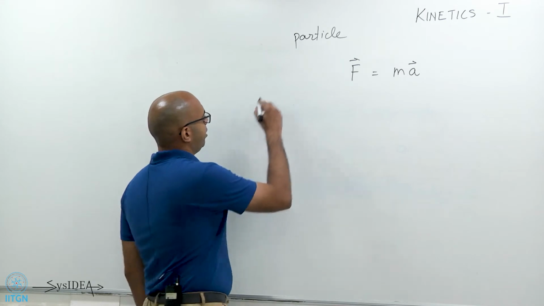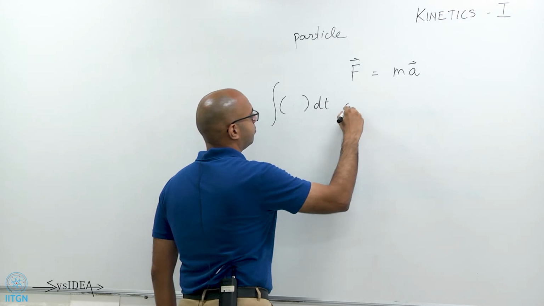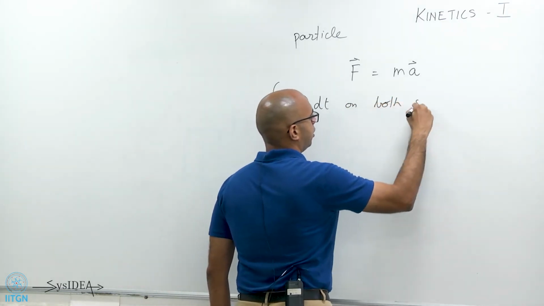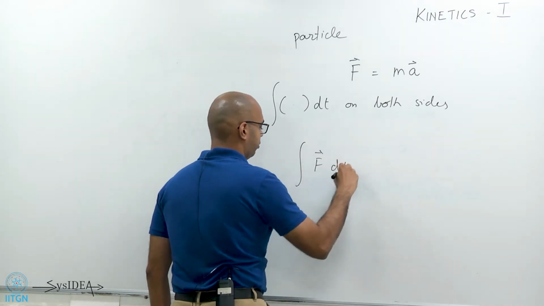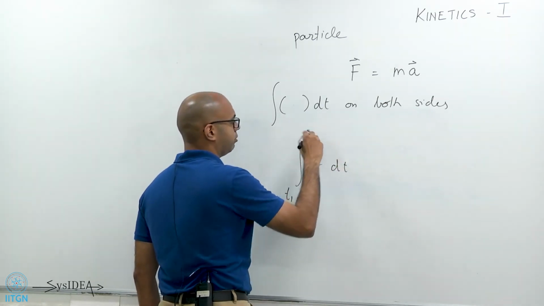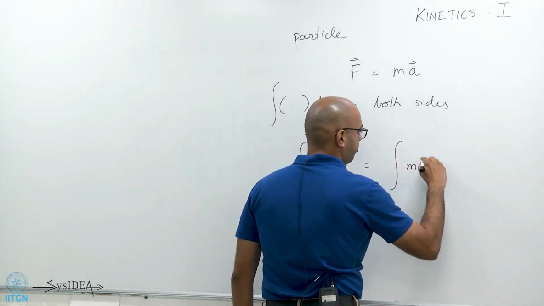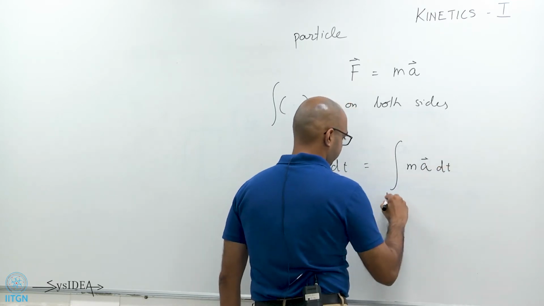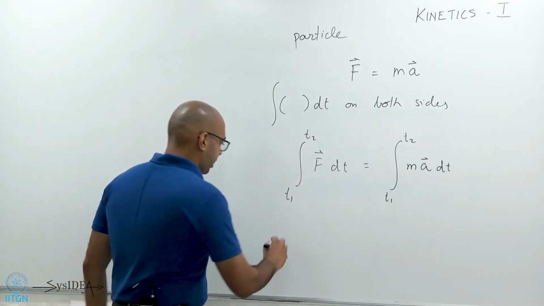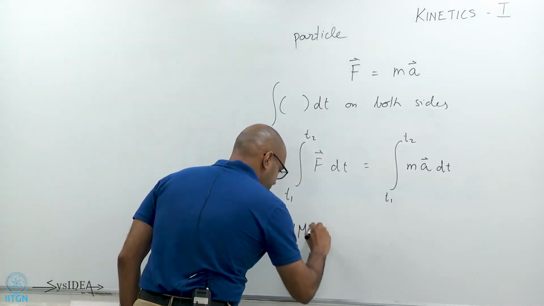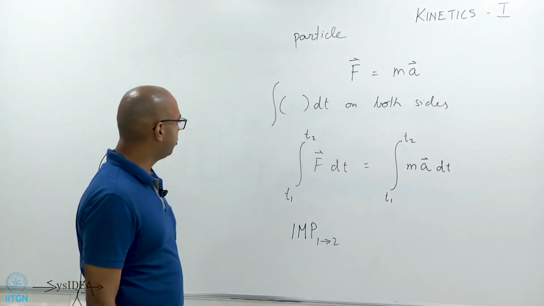Okay, now let's go back to Newton's law for a particle. If we multiply by dt on both sides and integrate over a period of time, we get the integral of F dt from time instant t1 to t2 equal to the integral of m a dt from t1 to t2. The term on the left hand side is called the impulse in going from time instant 1 to time instant 2.